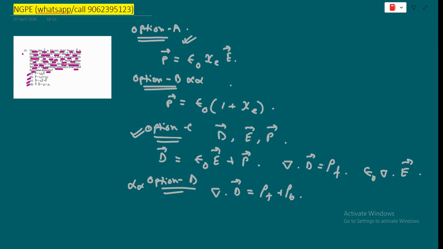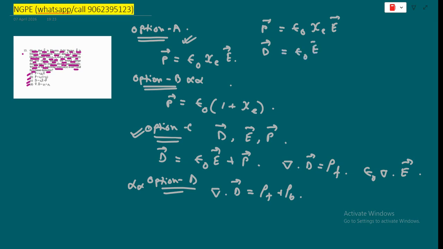Since vector P is epsilon naught chi E vector E, we can plug this into C. So we get vector D is what?